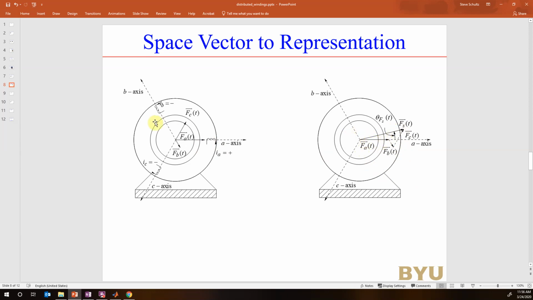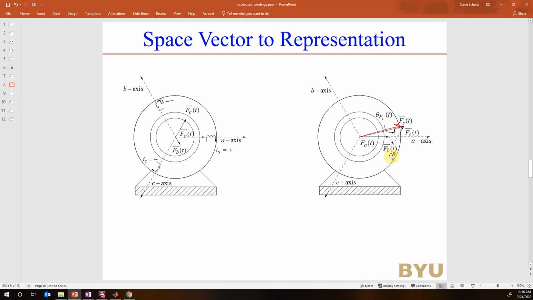Then we have this winding right here with a current that's producing this FB. And then this axis is this FC. So I sum those three together, and this is my total magnetic field vector, built up by the magnetic field produced by the three sinusoidally varying windings.